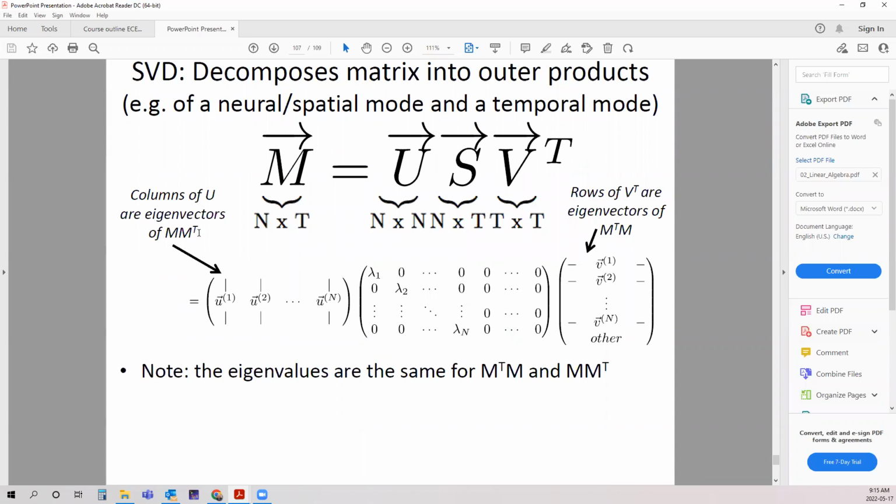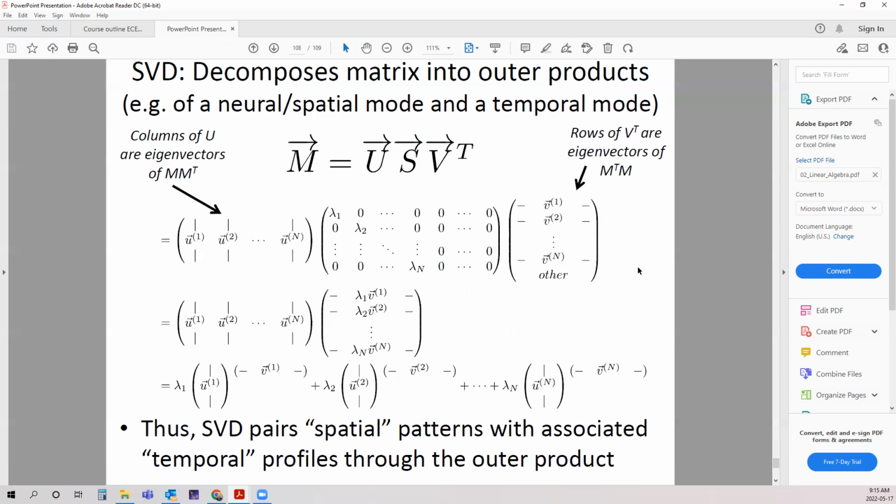The columns of U are eigenvectors of M M transpose, and the rows of V transpose are eigenvectors of M transpose M, and thus the SVD pairs the spatial patterns with associated temporal profiles through the outer product. This is how it will become, and here is the end.